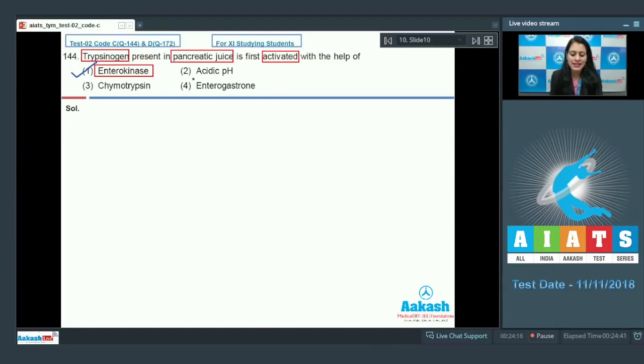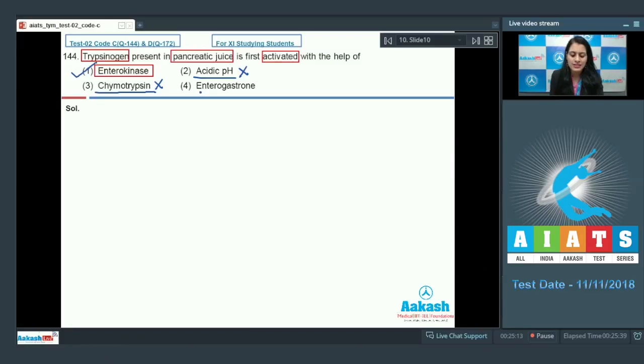The second option given is acidic pH, and this is an incorrect option because the conversion of inactivated trypsinogen into its active form called trypsin occurs in small intestine at alkaline pH and not at acidic pH. The third option given is chymotrypsin, and this is an incorrect option because chymotrypsin is an endopeptidase which acts upon milk proteins and not on trypsinogen.